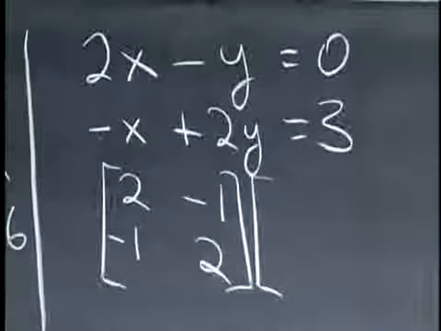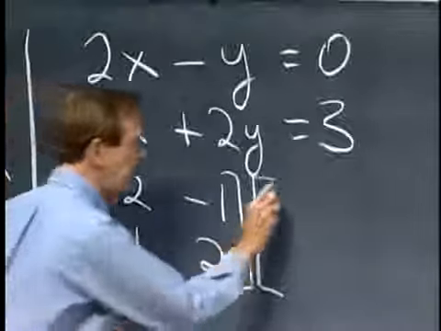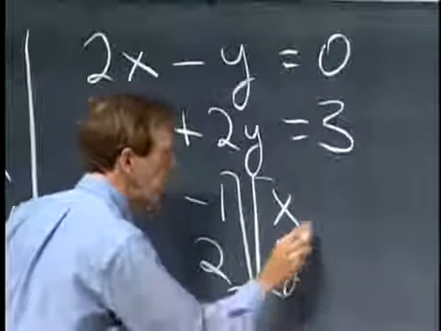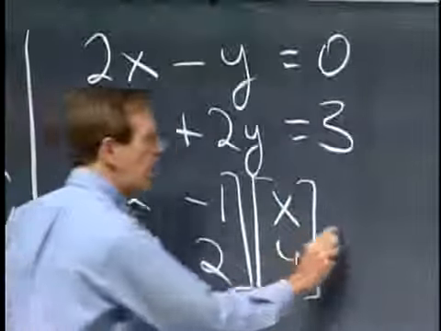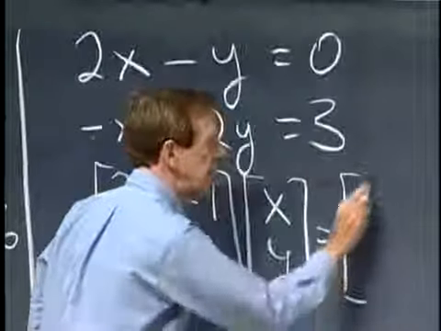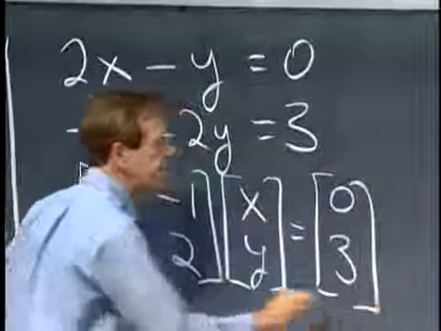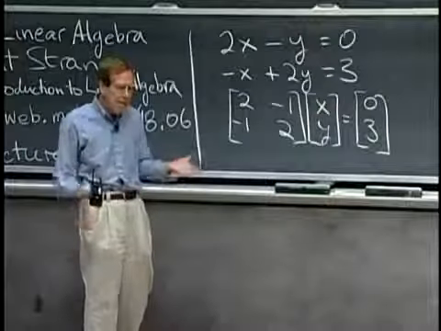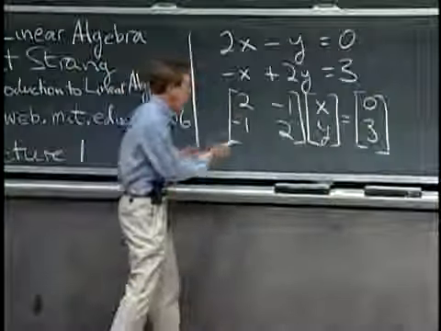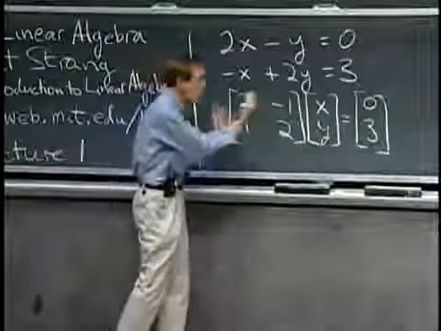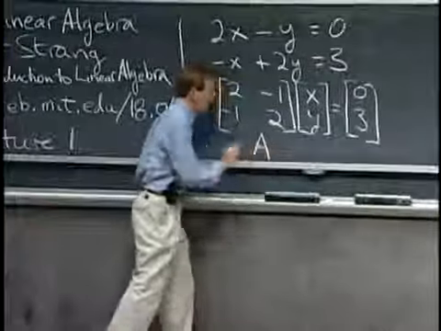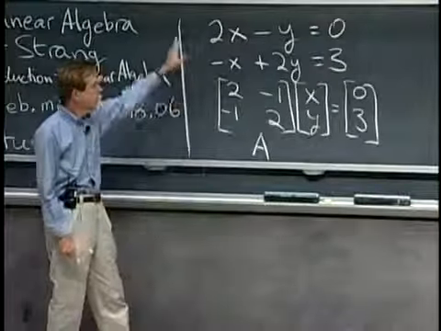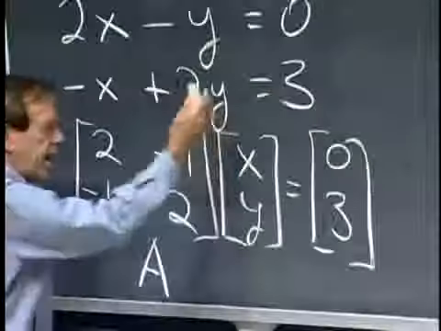And the unknown, well, we've got 2 unknowns. So we've got a vector, x, with 2 components, x and y. And we've got 2 right-hand sides that go into a vector 0, 3. I couldn't resist writing the matrix form even before the pictures. So I always will think of this as the matrix A, the matrix of coefficients. Then there's a vector of unknowns.